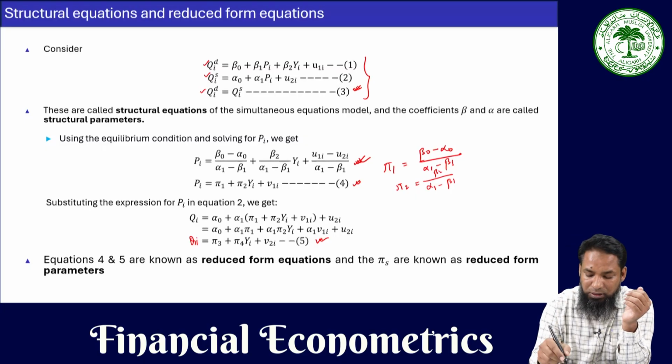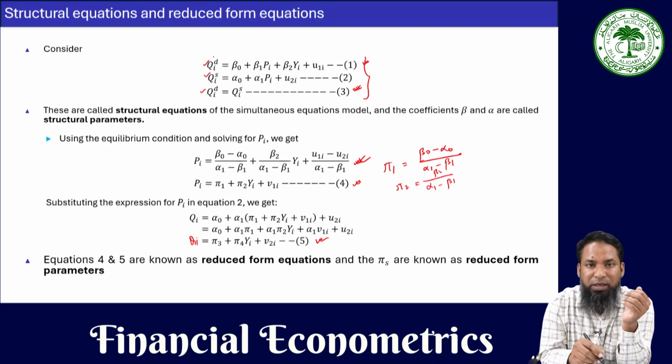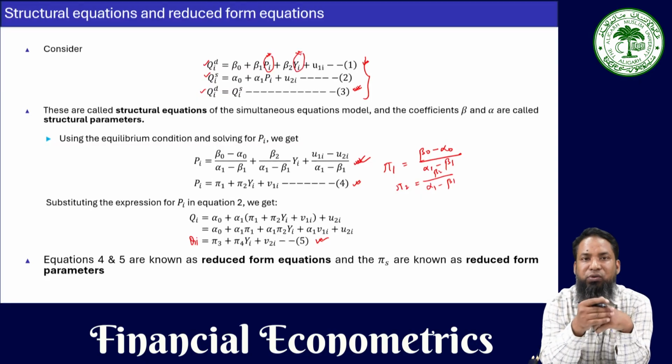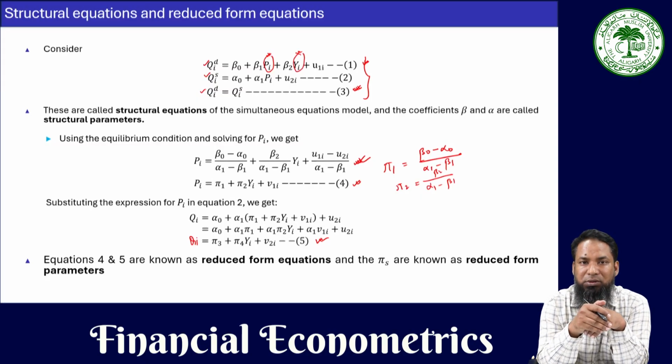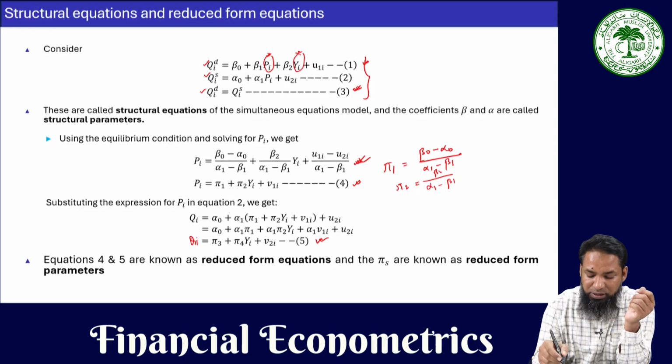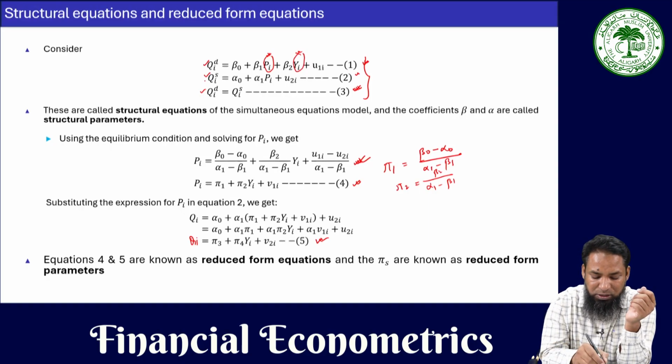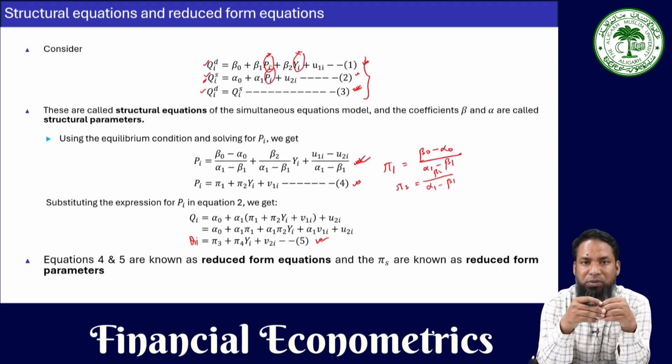If we look at the first equation, the quantity demanded is determined by the price as well as the income, where price is the endogenous variable. However, I is the exogenous variable. Similarly, in equation 2, the quantity supplied is represented in relation to the endogenous variables.